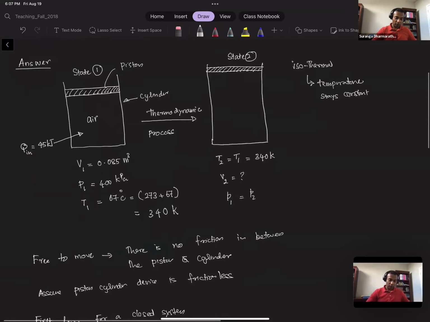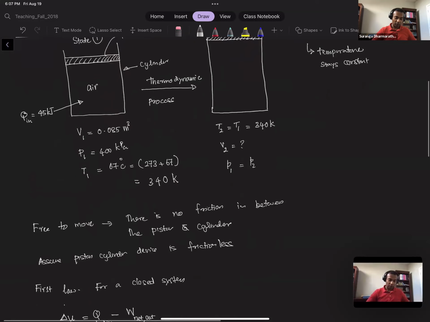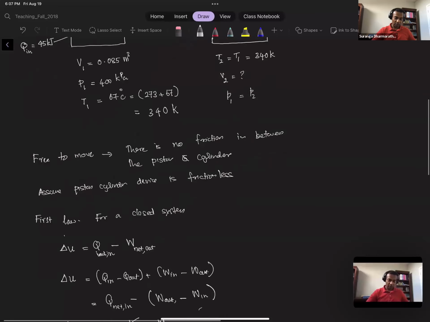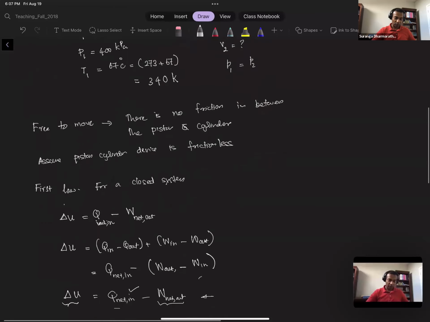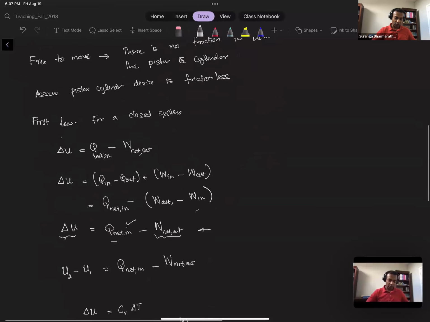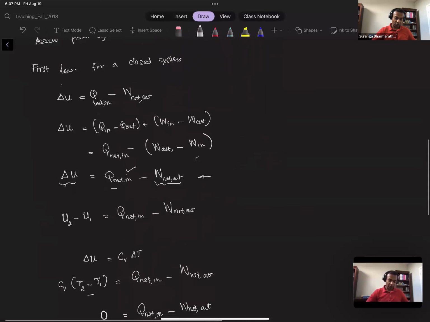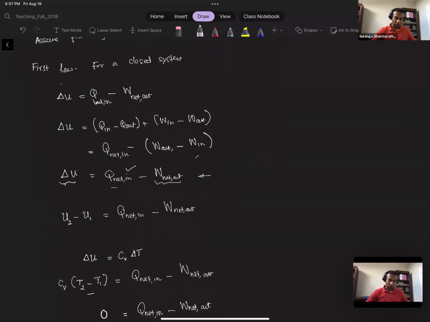We are looking for the work output, and we start with an equation that involves the boundary work, then we find out what the known values are. Once we plug in all the known values, we find the unknown quantities.